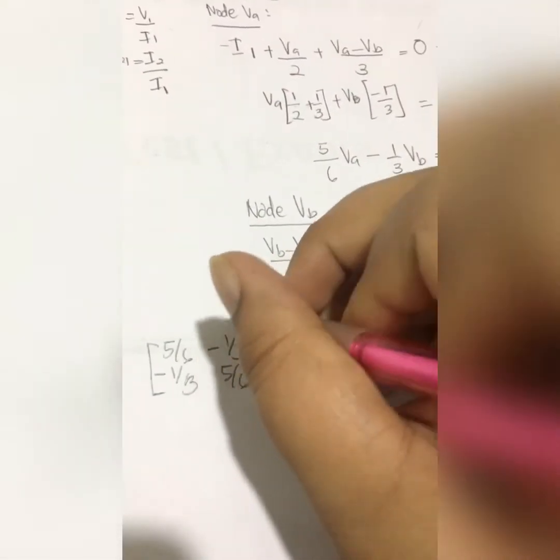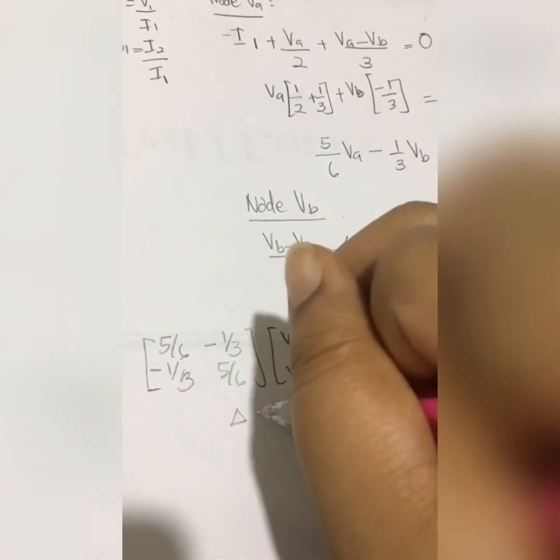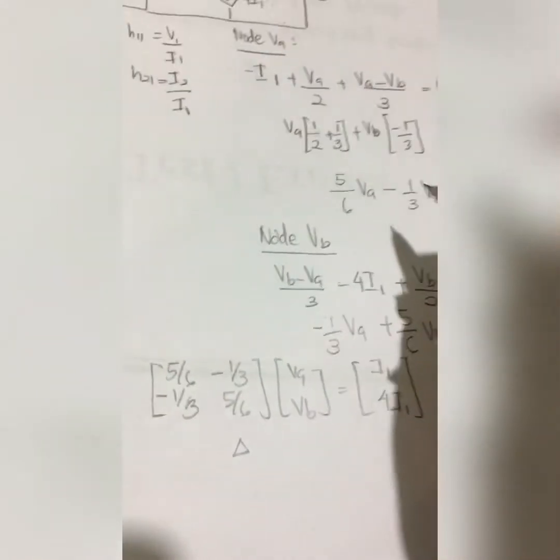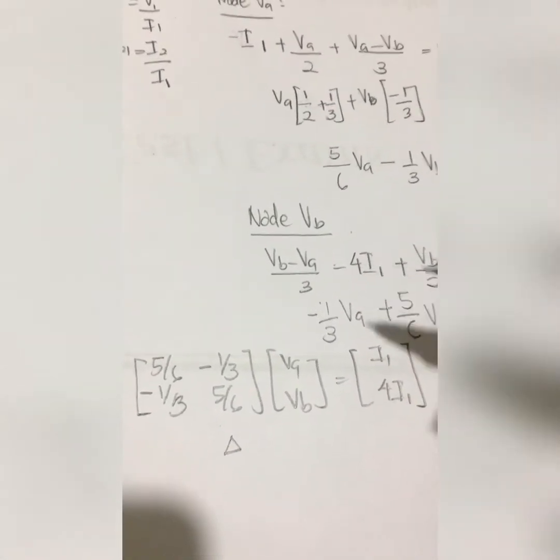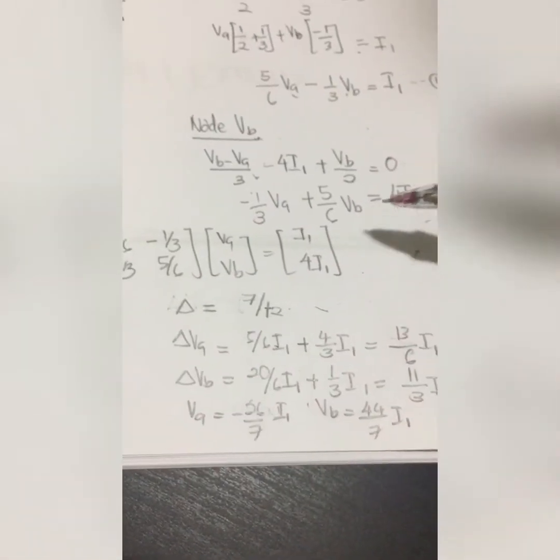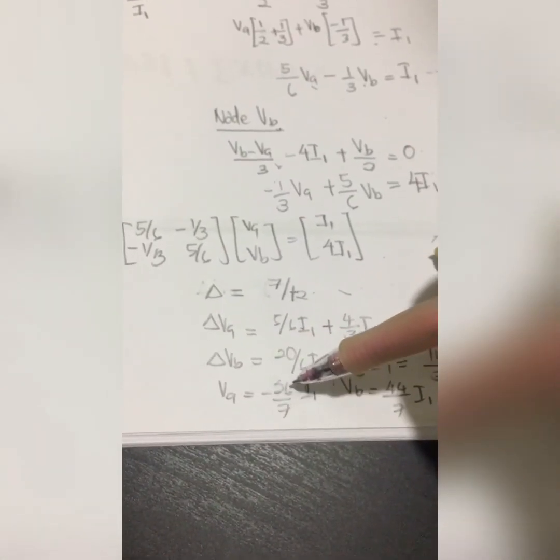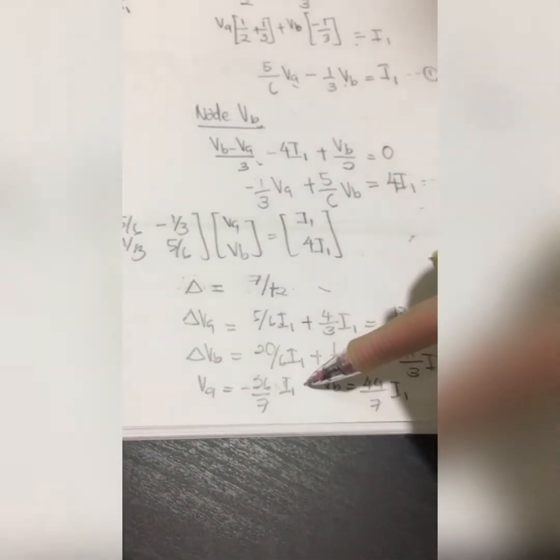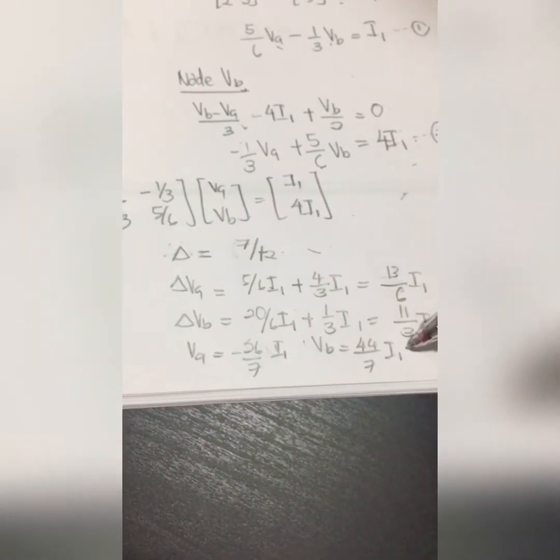To calculate VA and VB, you can use Cramer's rule or another method like simultaneous equations. After applying Cramer's rule, I got VA as negative 26 over 7 I1 and VB as 44 over 7 I1.